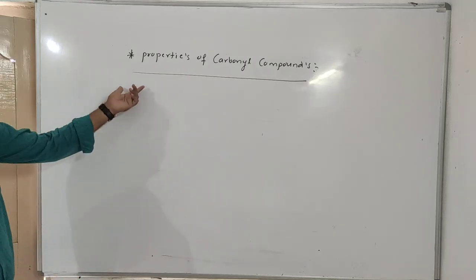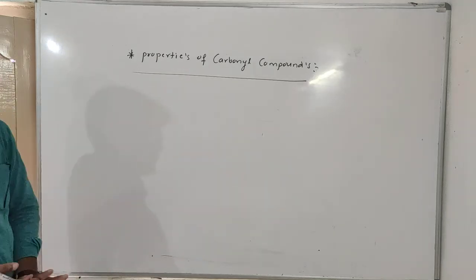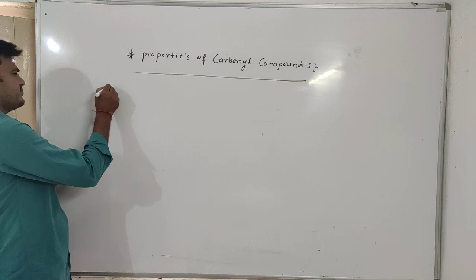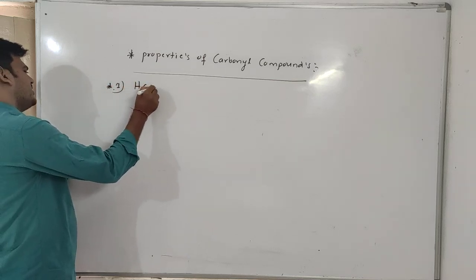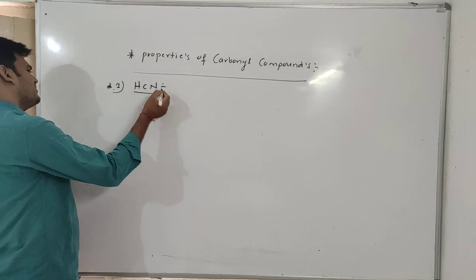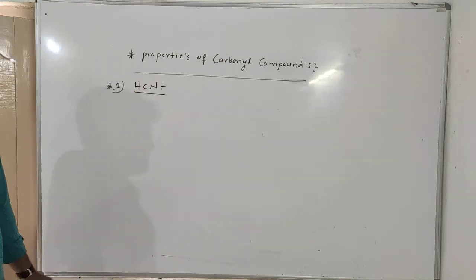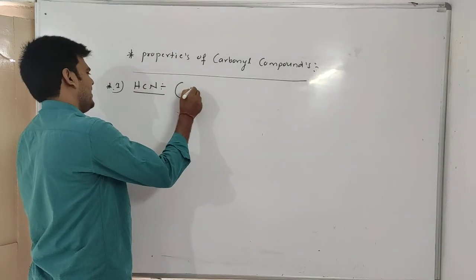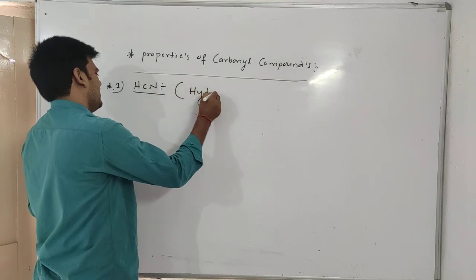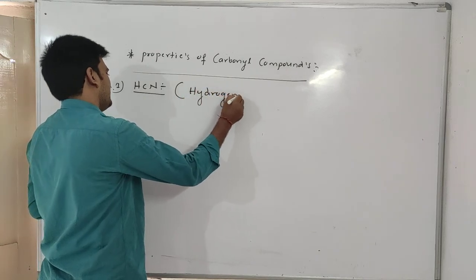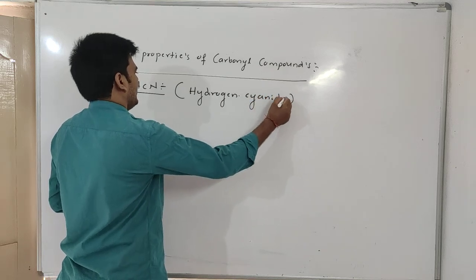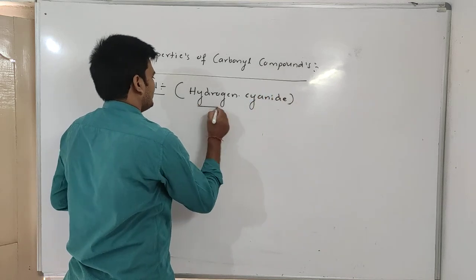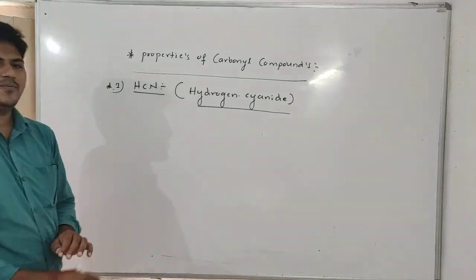So heading properties of carbonyl compounds. First property. React with hydrogen cyanide. HCN means hydrogen cyanide. So formula of hydrogen cyanide is HCN.